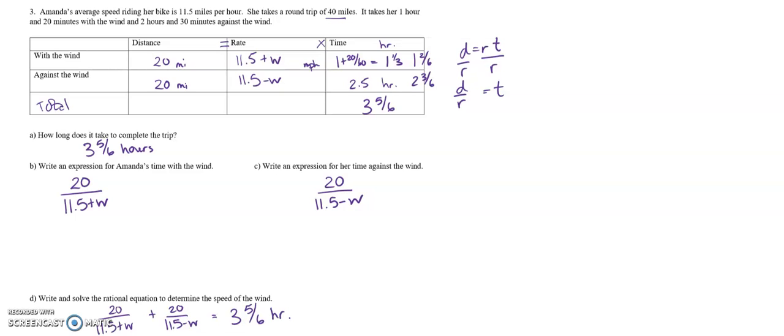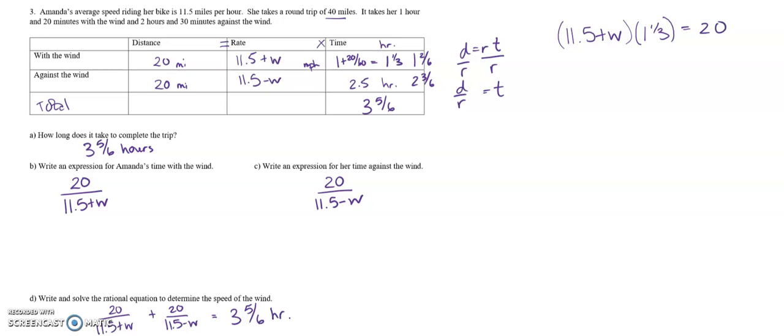We know that distance is equal to rate times time. So if I look at the first column with the wind, the 11.5 plus W, that's my rate, times my time, which was 1 1/3. Mixing decimals and fractions here, it's kind of weird. So there's my rate, that's equal to my distance of 20.